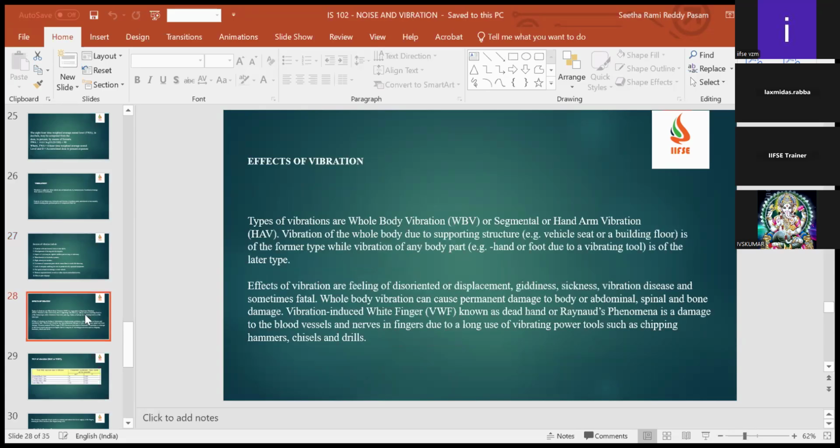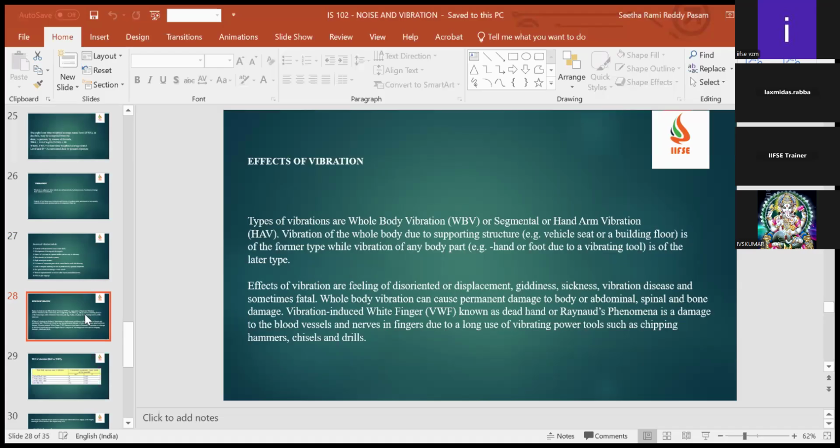Train, truck, even helicopter, even aeroplane landing and takeoff. Even a two-wheeler, you will feel that vibration. While driving a car also. It is everywhere.